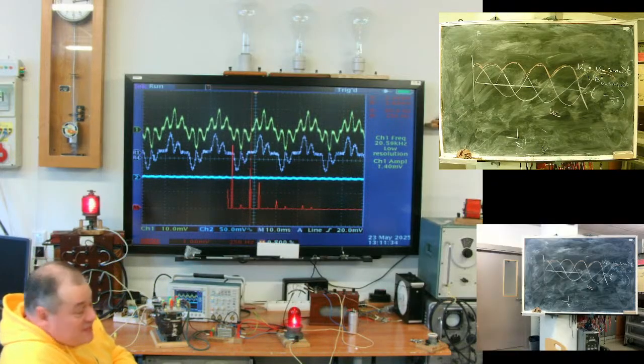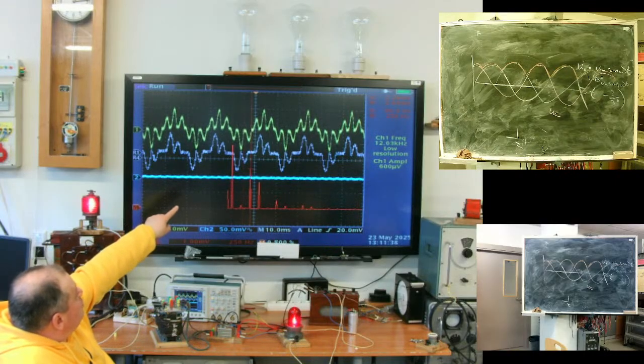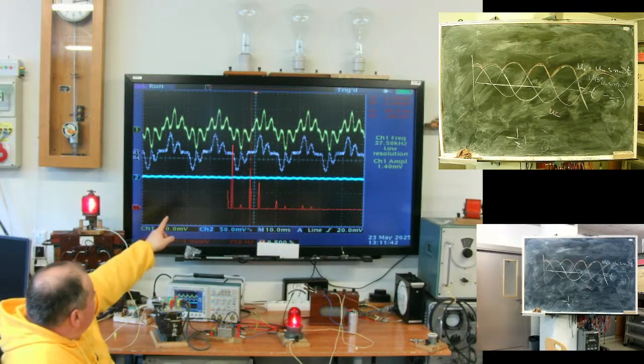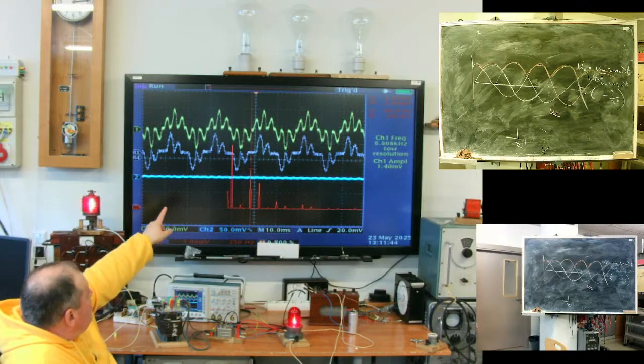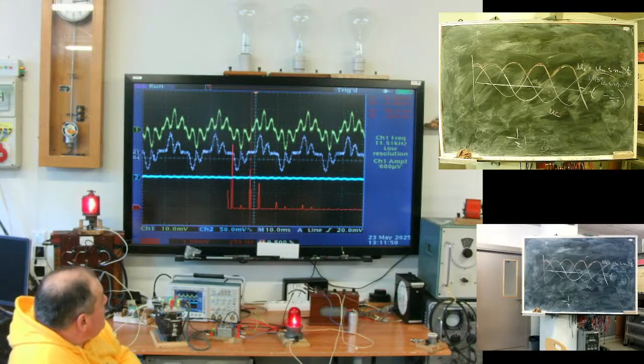In case of delta connection, all this shifts up, and you have not one pulse, but it's like double. You have multiple pulses.